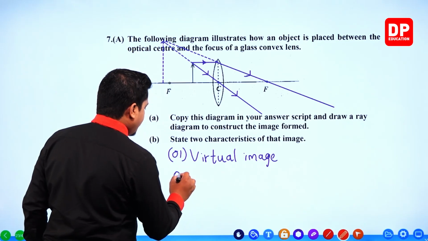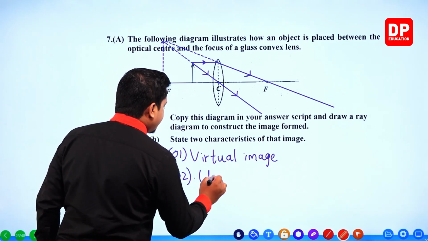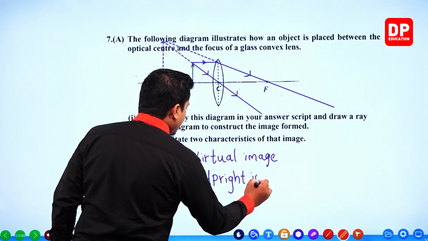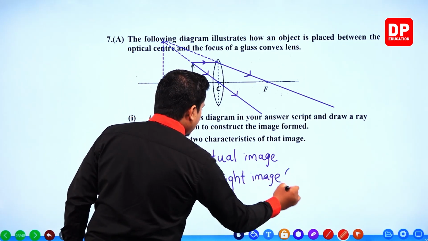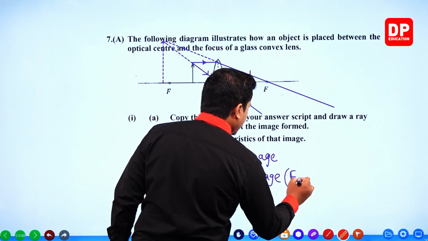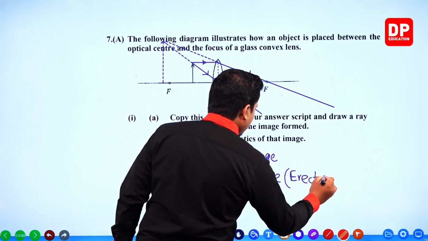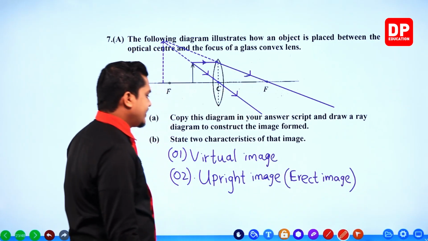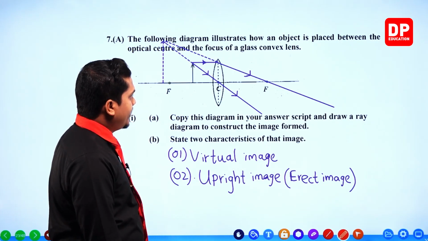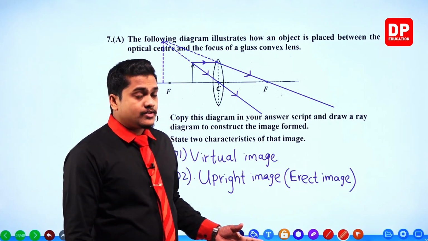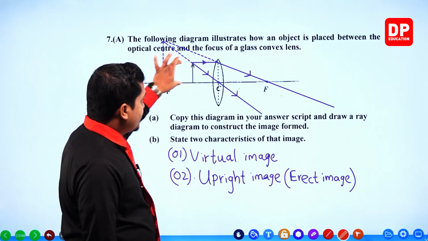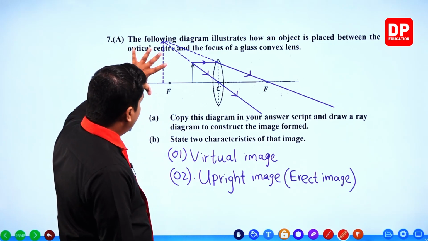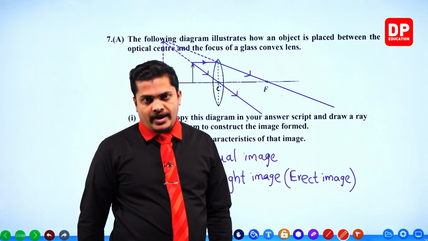Then the next one, number 2, it is upright. Upright image, or else it is an erect image. Upright or erect means that for the same direction in which the object has been placed, the image is also created.